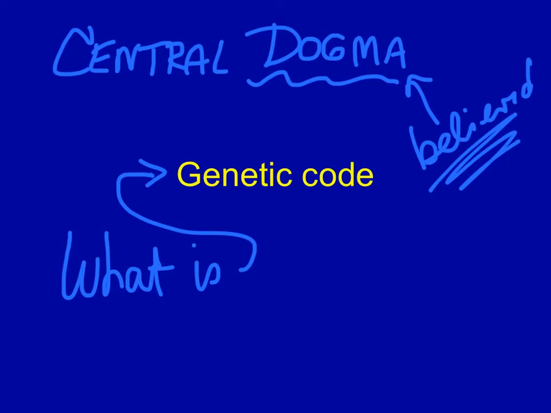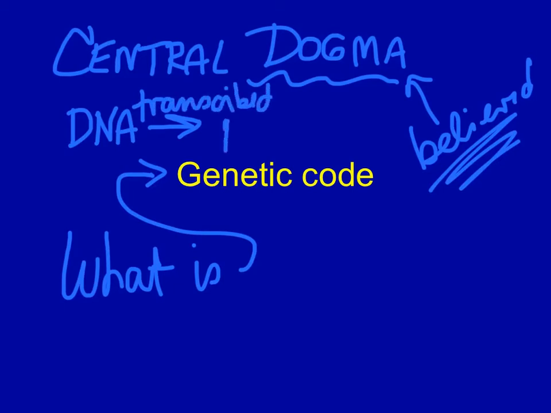So the central dogma of biology is that DNA is transcribed, so this is the process, into RNA, and RNA is translated into protein.